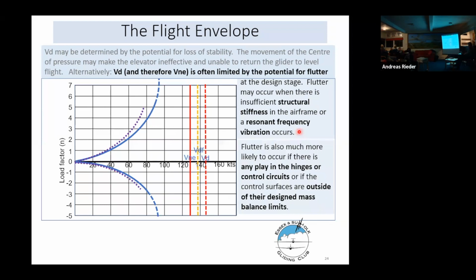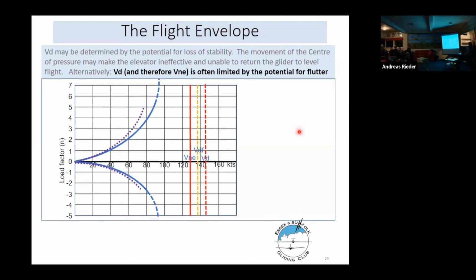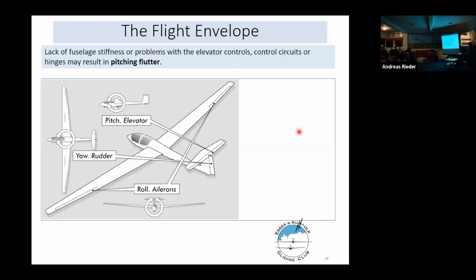The glider, or an aircraft, may flutter in any of the three axes.